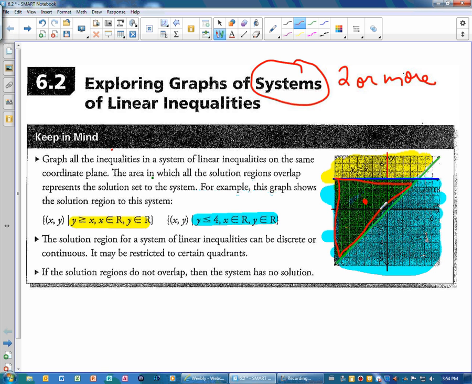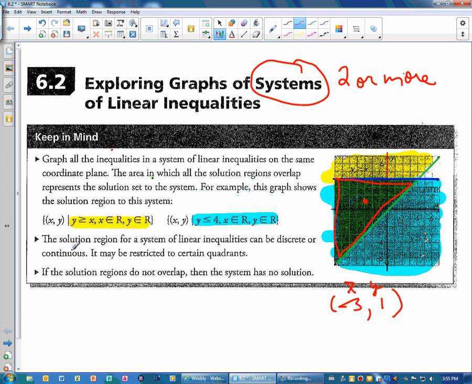This ordered pair is -3 and 1. Remember, this is the x and this is the y. If I plug it in, 1 is greater than or equal to -3 is true. Over here, y is 1, and 1 is less than or equal to 4. That's true. Anything in this region will satisfy both inequalities.